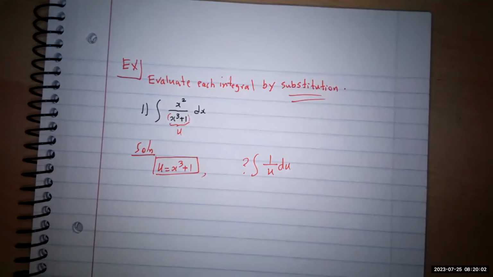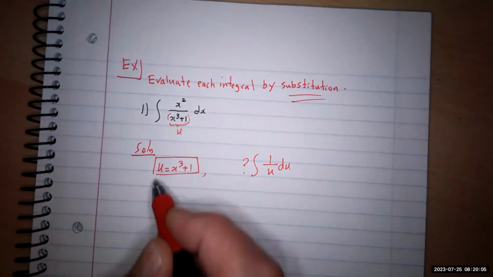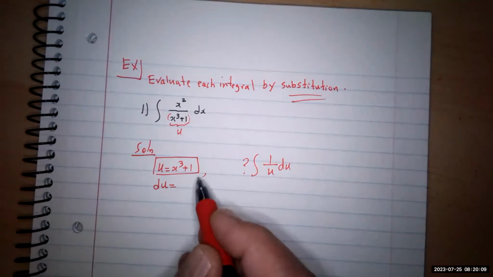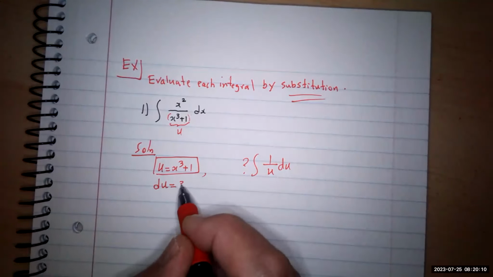In order to get it, your usual practice is to find du. The differential of u, the derivative, is 3x squared times dx. Then as usual, you have to find dx. So dx would be du over 3x squared. Go back, substitute, get your target.